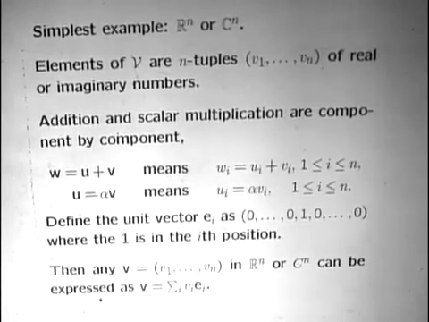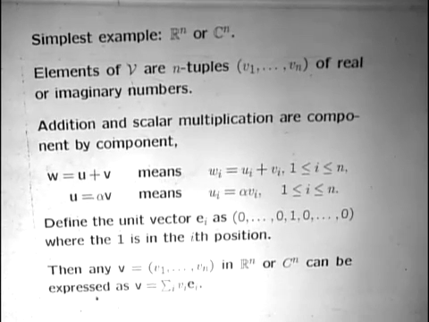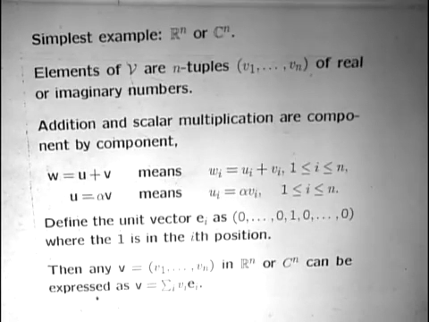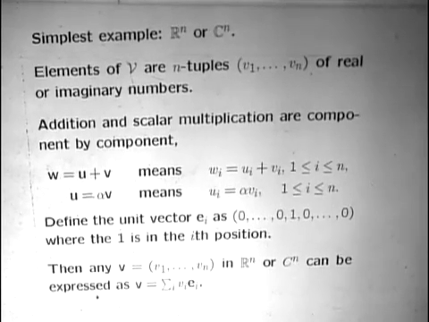Okay, so we have these n tuples, which is what we mean by R sub n or C sub n. In other words, when I talk about R sub n, I don't mean just a vector space of dimension n. I haven't even defined dimension yet. And when you talk in this generality, you have to think a little bit about what it means. So we're just talking about n tuples now. R sub n is n tuples of real numbers.